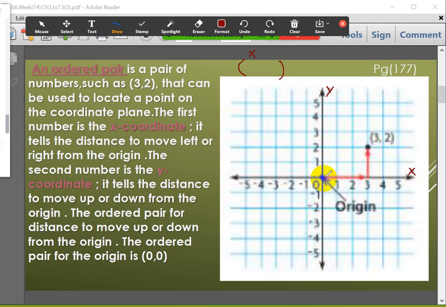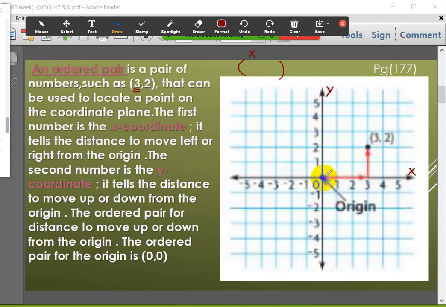If the number is negative, we move to the left side. This is about the first number. Like a 3. Look, I have a 3 here in the x, that means I have to move left or right. You know that 3 is a positive number, which means I have to move right.